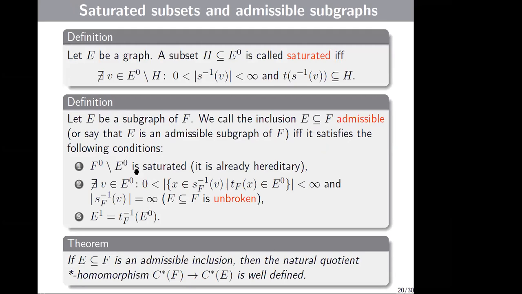Note, because I cannot have a vertex v which shoots finitely many and non-zero edges into E0, as this would violate the saturation property of its difference. So here I can write E0 or F0, it doesn't matter, because anyway there is no vertex v outside of E0 which could have this property by saturation. Whatever you want. I wrote E0 because that's just more adequate.